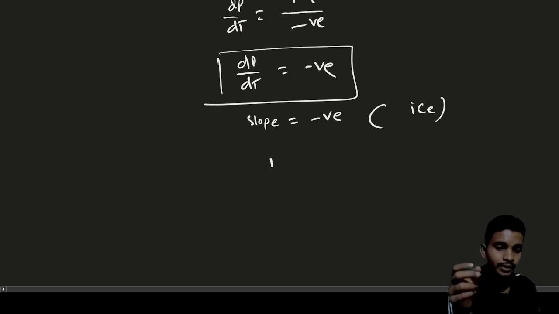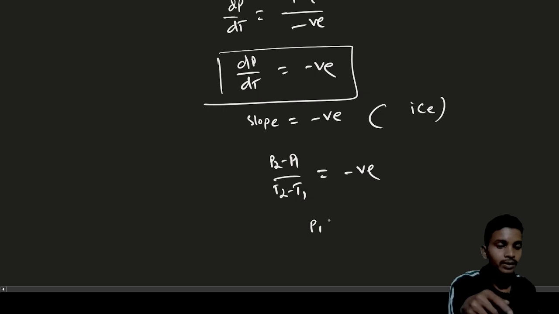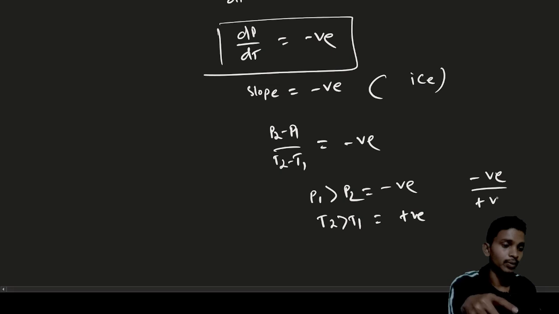It means that (P2 minus P1) over (T2 minus T1) is negative. For that we need this value to be negative. In that case P1 is greater than P2, so that this gets a negative value, and T2 has to be greater than T1, so that here you get a positive value. So negative by positive equals a negative value.